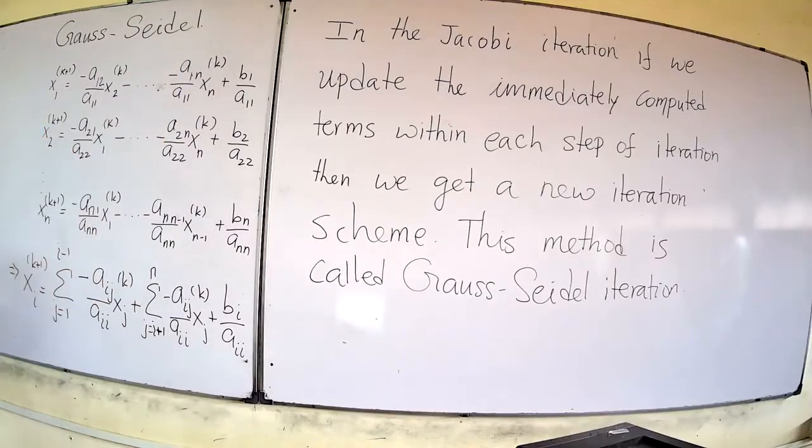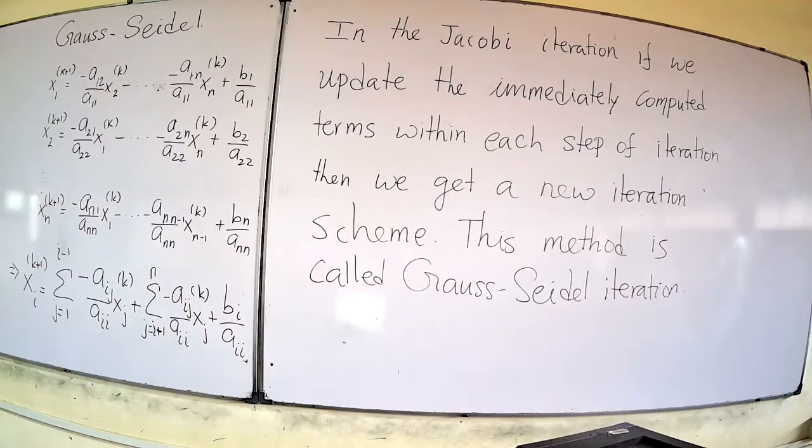In Gauss-Seidel, the first term has no problem because you do not have any immediately computed terms. To compute x1, you don't have any immediately computed term; all of them are from the previous iterate, xk.